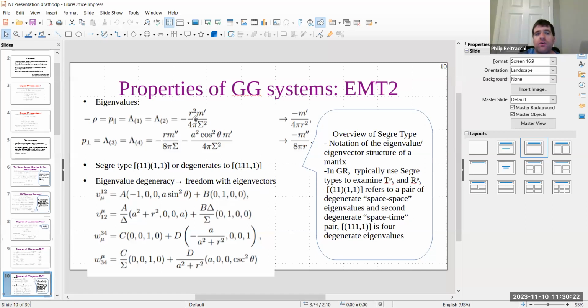We have our eigenvector, which is a linear combination of directions 1 and 2, which spans our density and what we call the parallel pressure, and our perpendicular pressure is a linear combination of vectors 3 and 4 as an eigenvector.